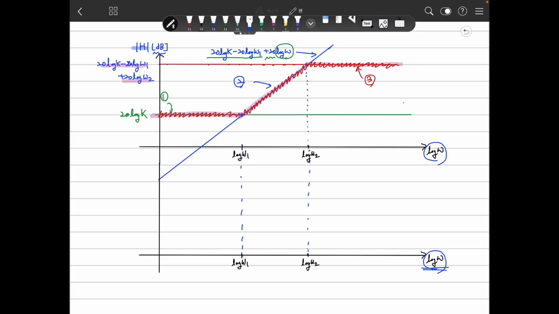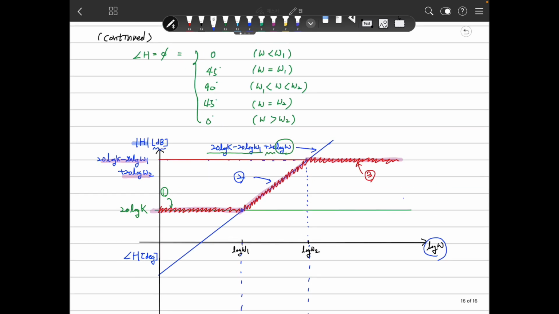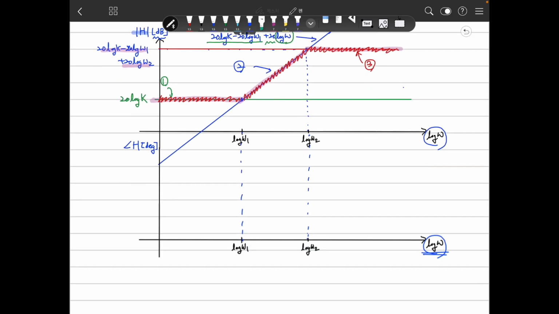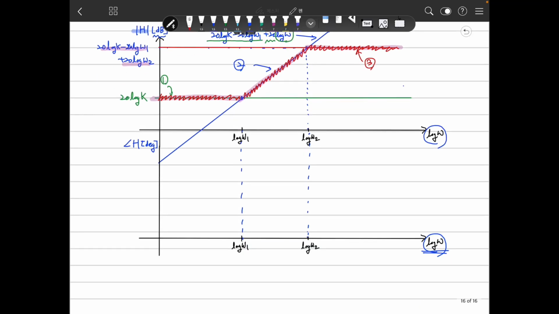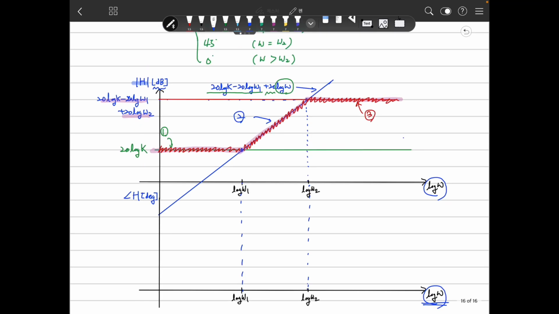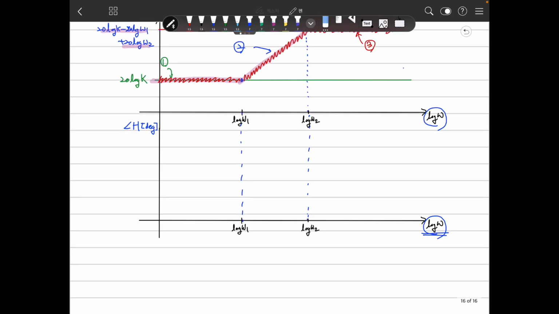In the second graph, we plot the phase of H, and the unit is degree. And here you know that when omega is smaller than omega 1, then that value is 0 degree. So we draw this. So this is 0 degree here.